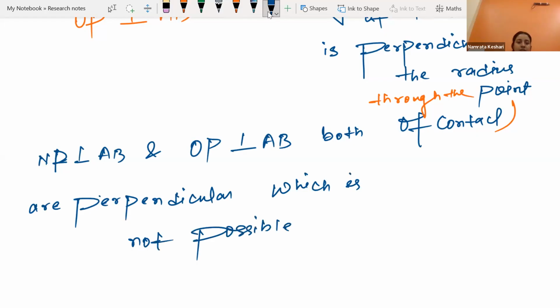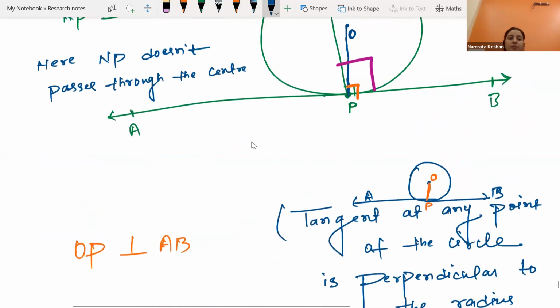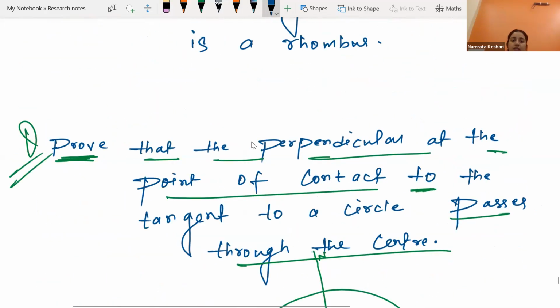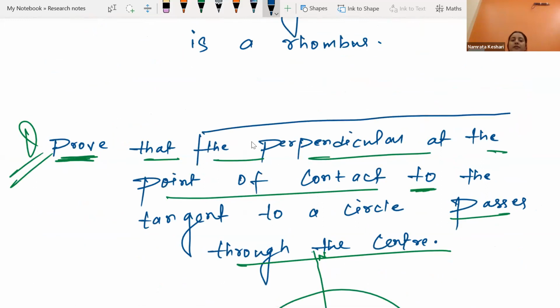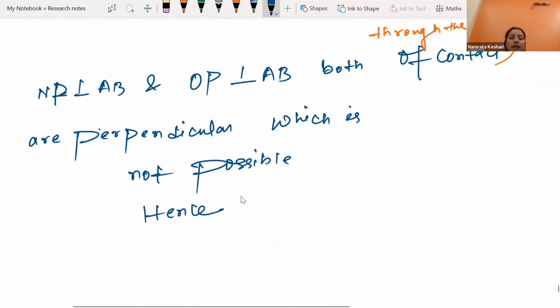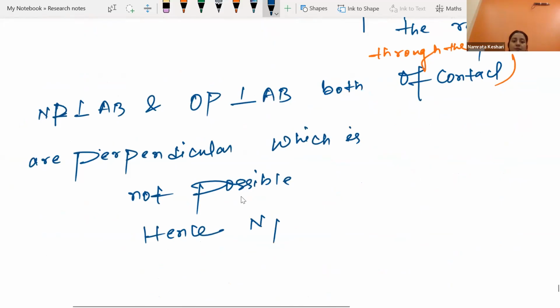Hence, the perpendicular at the point of contact to the tangent to a circle passes through the center. Hence, NP must pass through the center O.